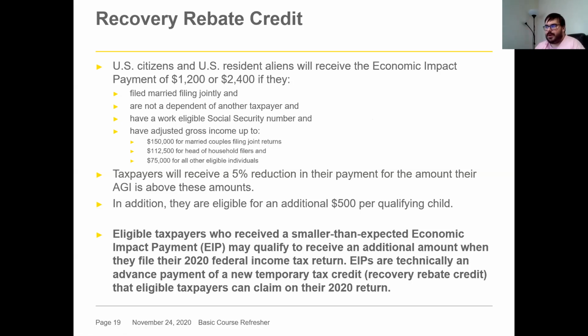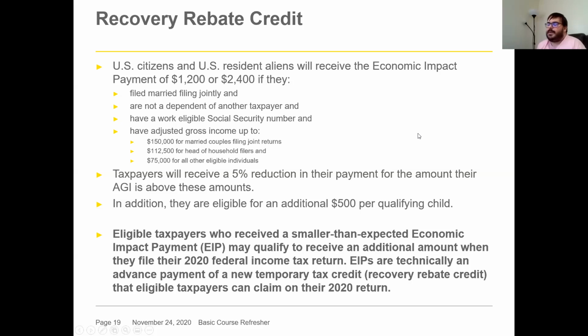The way this credit worked, this was really just an advance payment of a credit that will show up on the 2020 tax return. So if anybody did not receive the credit that they were expecting, or they think they should get more than what they got because they have a new child that was not on the tax return available to the IRS, there will be a new line on the 2020 1040 to put any additional credit that people should receive.